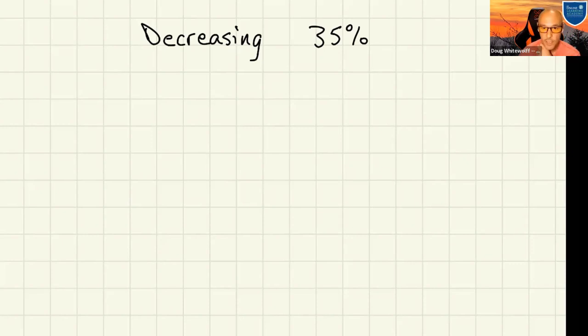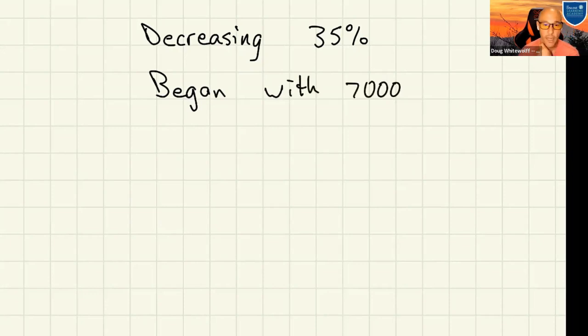We're going to have subtraction. It's going to be decreasing. So instead of an addition between the 1 and the rate, it's going to be a subtraction between the 1 and the rate. And this population began with 7,000 bacteria.